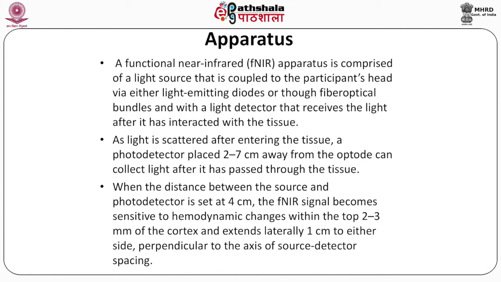So if there are any hemodynamic changes at that superficial level, they are best detected when the distance between the source and the photodetector is set at 4 centimeters, and it extends laterally 1 centimeter to either side, perpendicular to the axis of the source detector spacing.